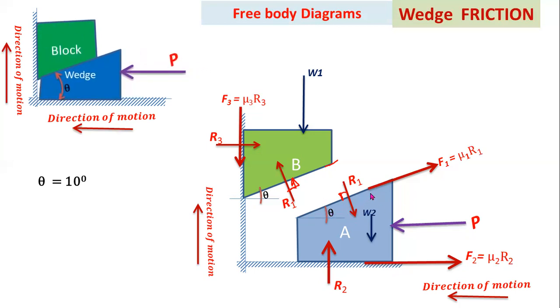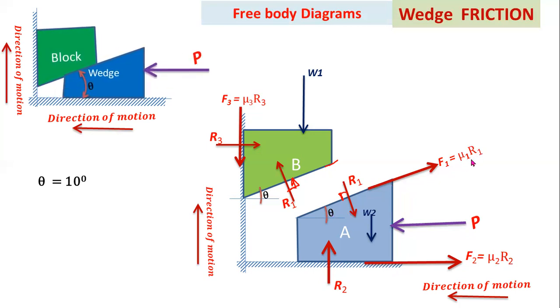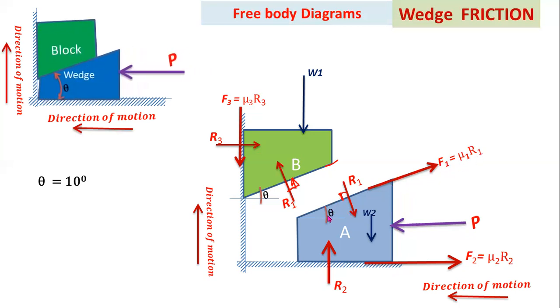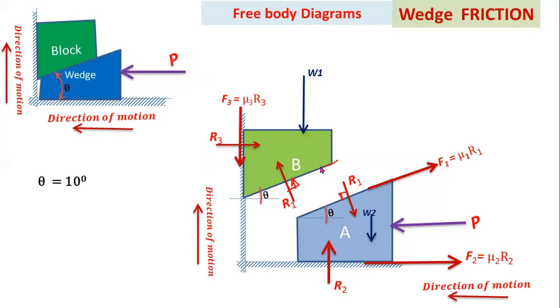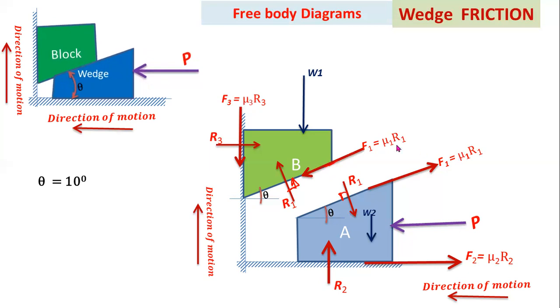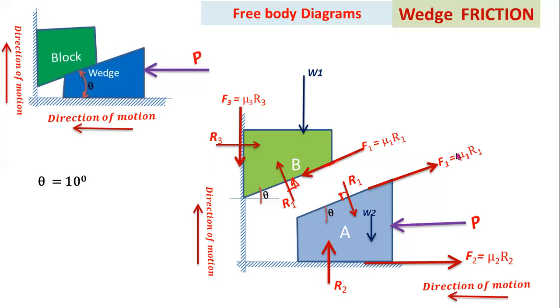So you have to consider an inclined frictional force F1 equal to mu1 R1. This frictional force makes an angle theta with respect to horizontal. In a similar way, you have to consider equal and opposite frictional forces for this block. These are the two equal and opposite frictional forces.